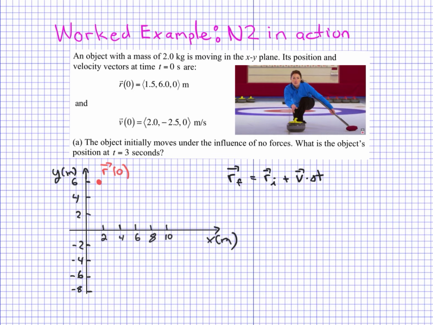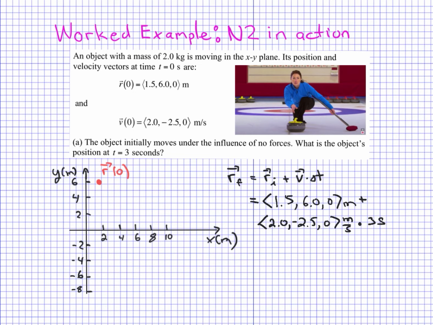So in this problem, r sub i, we'll use our vector notation. R sub i, the initial position at time 0, has a value of 1.5 comma 6.0 comma 0, and the units are meters, plus the velocity, which is 2.0 comma minus 2.5 comma 0 meters per second, times delta t, and delta t is of course 3 seconds here.